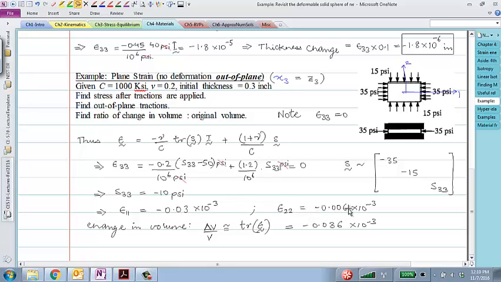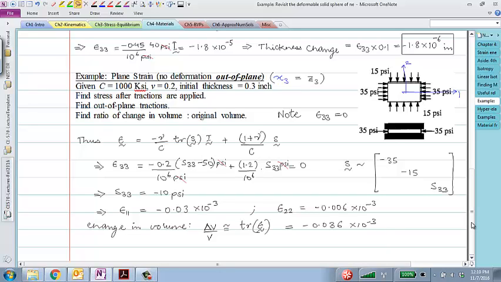Just add them together. E33 is already 0, so that's the trace of epsilon, which means the relative change in volume of this sheet of material would be 0.0036%. Okay, and that's very similar to the problem that you solved for the homework as well.